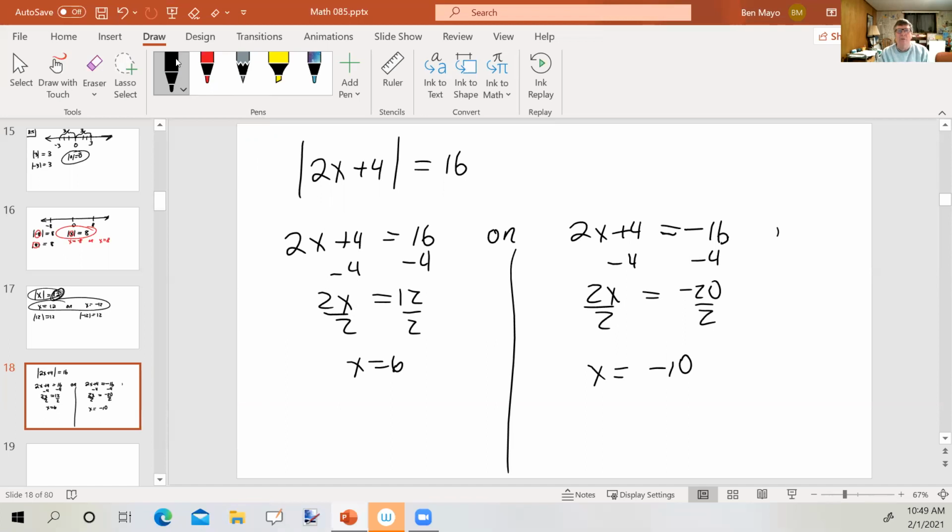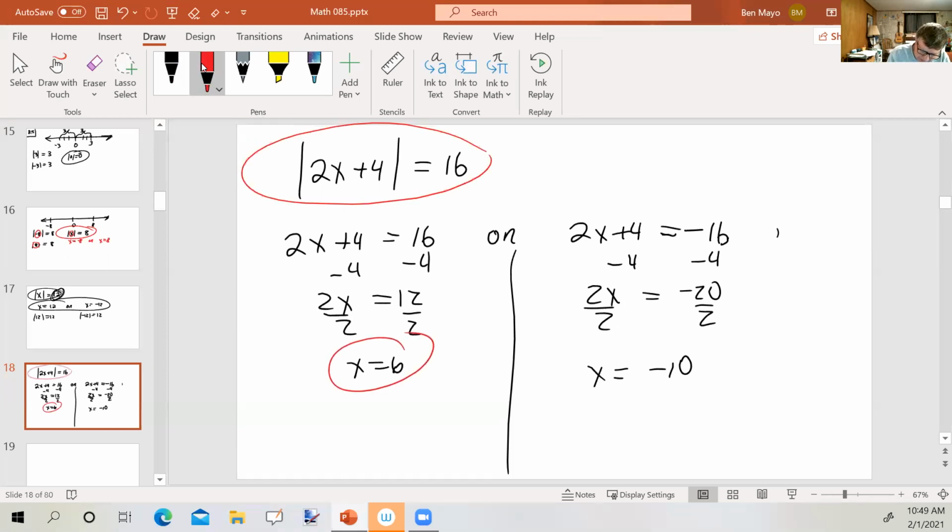Let's check our work, okay? Let's take x equals 6. If we put that up here, we get the absolute value of 2 times 6 plus 4 equals 16. Inside the absolute value bars, 2 times 6 is 12. 12 plus 4 is 16. The absolute value of 16 is 16, so it checks.